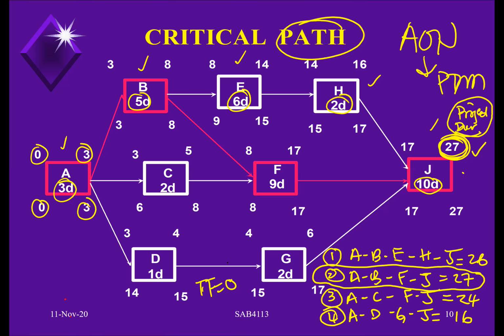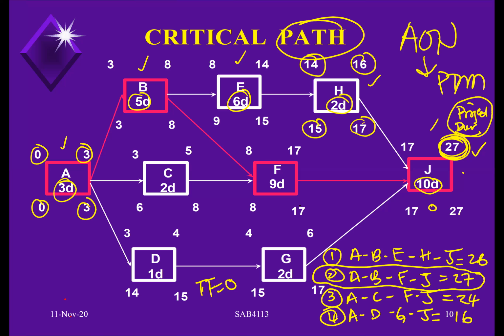How to calculate TF, we will go into that later, but simply, we already have this diagram. TF is the difference between this value and this value, the left side and the right side. You notice that 27 minus 27 equals 0.